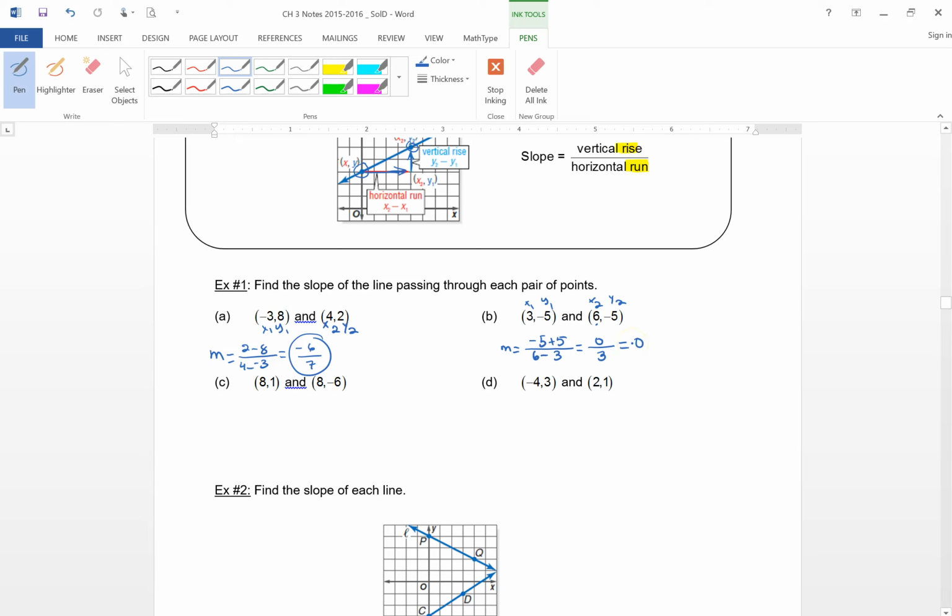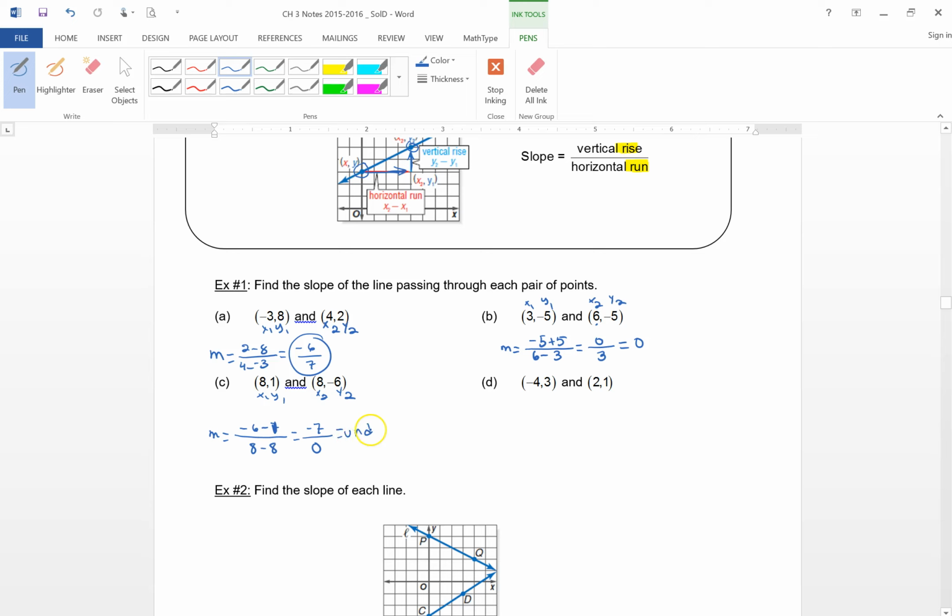In this case, this is x1, y1, x2, y2. So M is negative 6 minus 1 over 8 minus 8. So this is negative 7 over 0. What is that? Undefined.